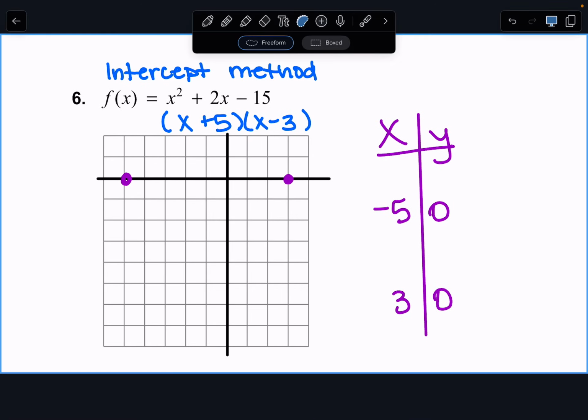If this opens up, well, it doesn't matter if it opens up or not. What is halfway between negative 5 and 3? Negative 2. Do we agree with negative 2? Negative 5 plus 3 divided by 2. Was it negative 2? Negative 1.